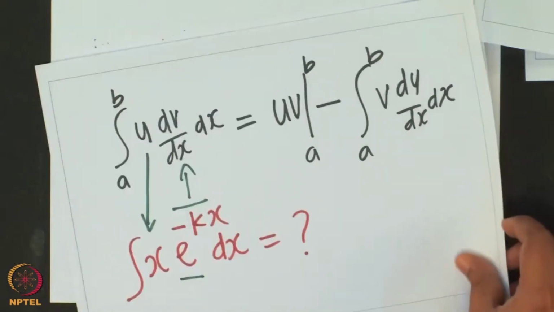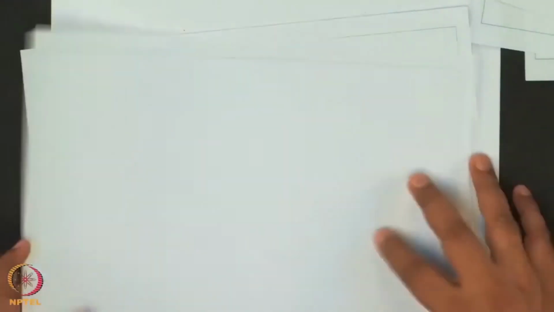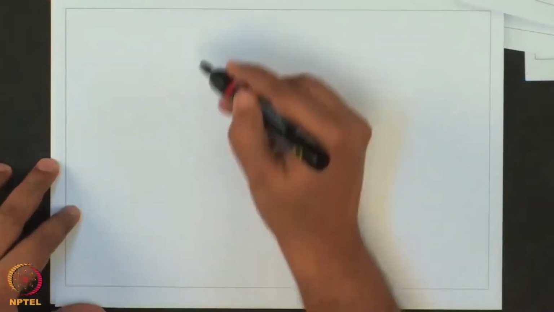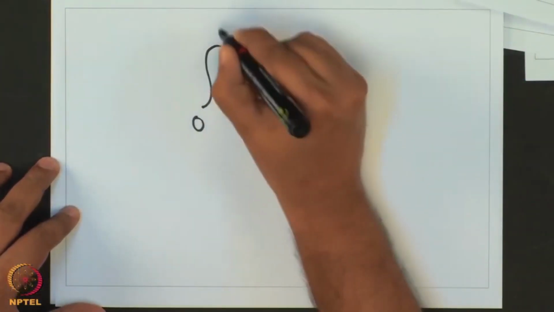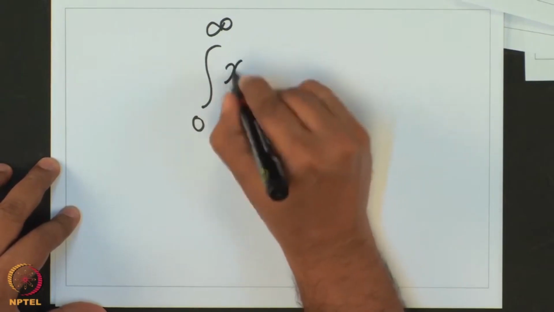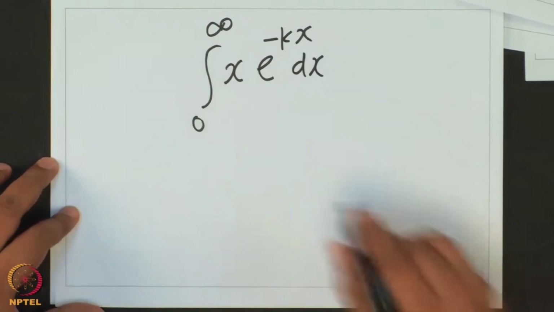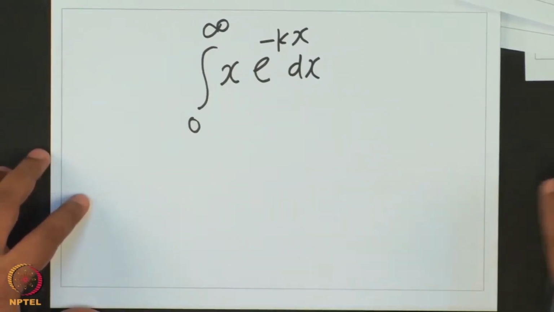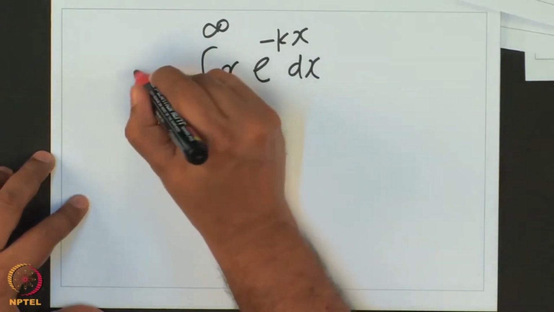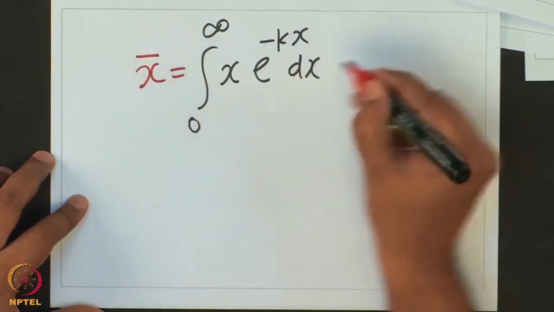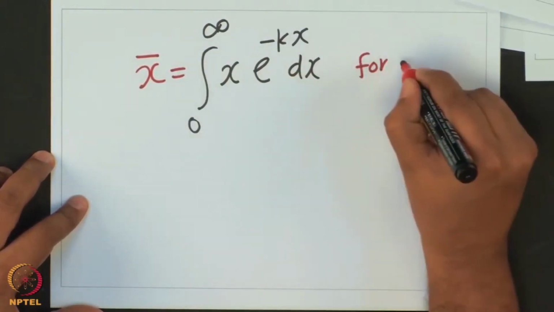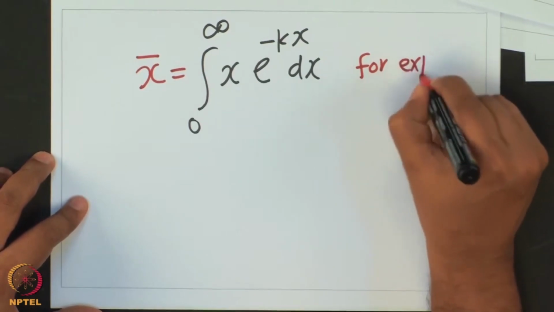So let us calculate this particular integral, let us say, it turns out that we want to calculate the integral from 0 to infinity of x e power minus kx dx. It turns out, later you will realize that this will also be the mean x for a function with exponential distribution.